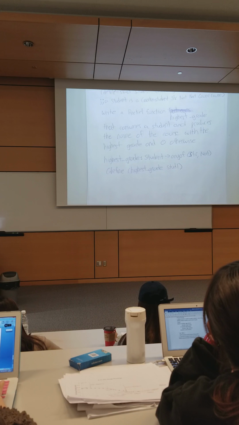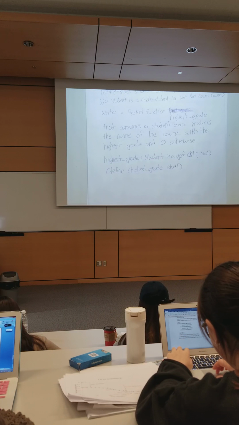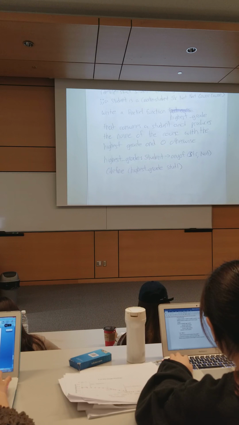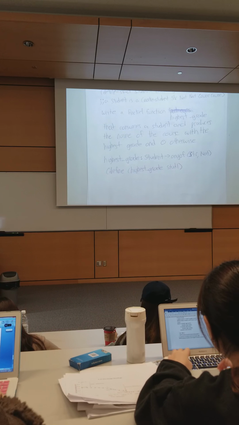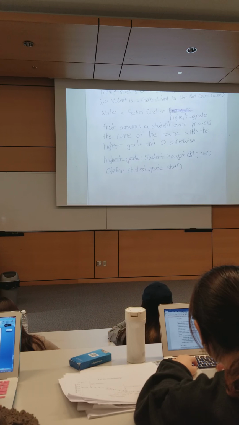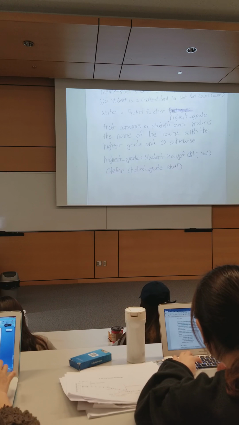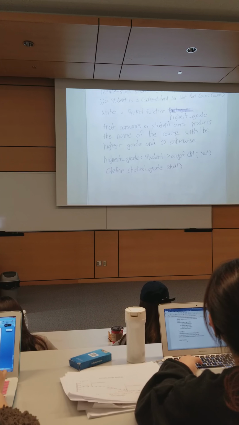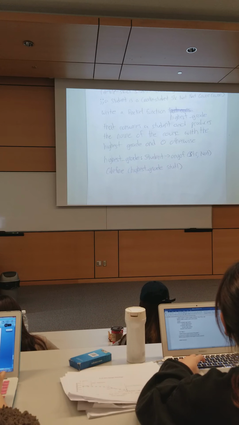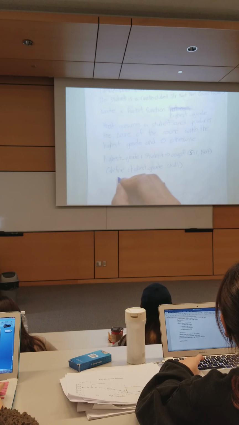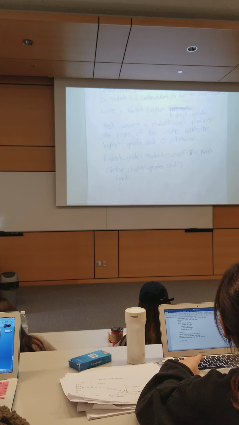In this case, it's producing the name of the course with the highest grade. So the only things that can possibly be produced are the name of course 1, the name of course 2, or 0. So we need 3 conditions, one for each of those. So cond, one condition for when course 1 is the highest grade.